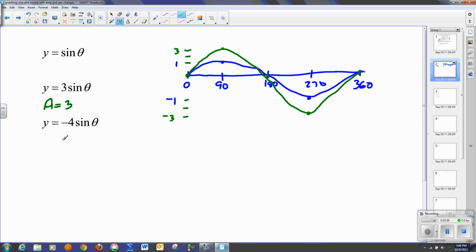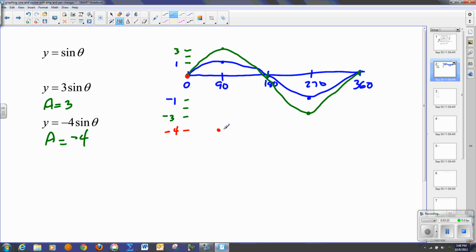There we have it. So now our a value is going to be -4. Let's change colors. We're going to multiply all the y's by -4. So 0 times -4 is 0. 1 times -4 is -4.